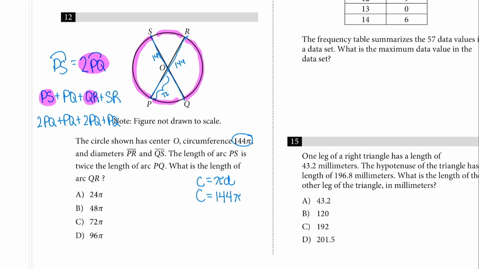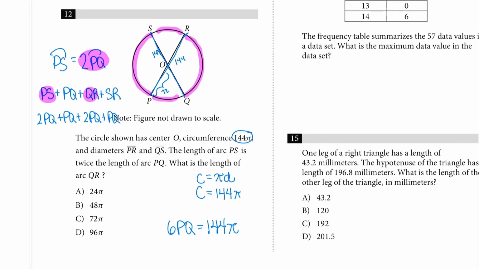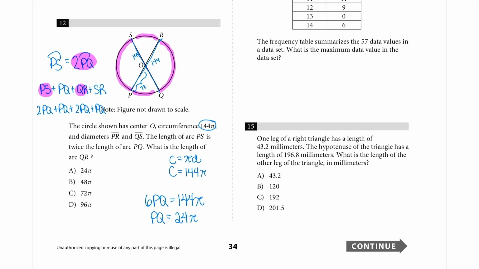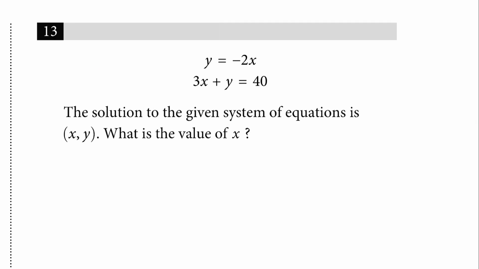So we know that 6 PQ is going to equal 144 pi. So if we know that PQ is going to be 144 pi divided by 6, which is 24 pi, and PS is twice the length of arc PQ, so we're going to multiply that by 2, and the answer is B.